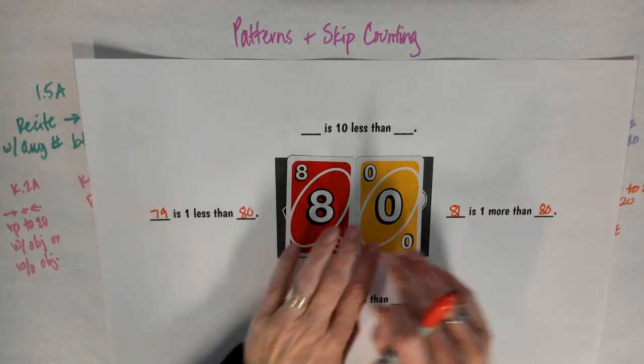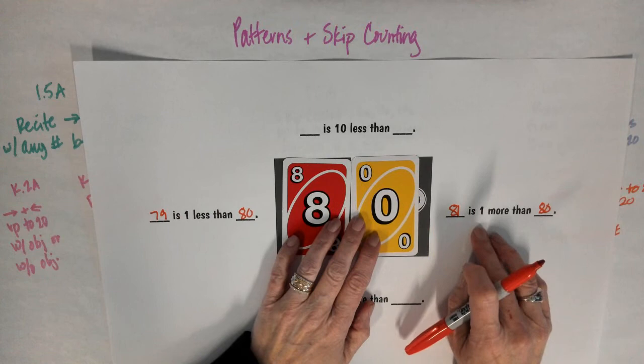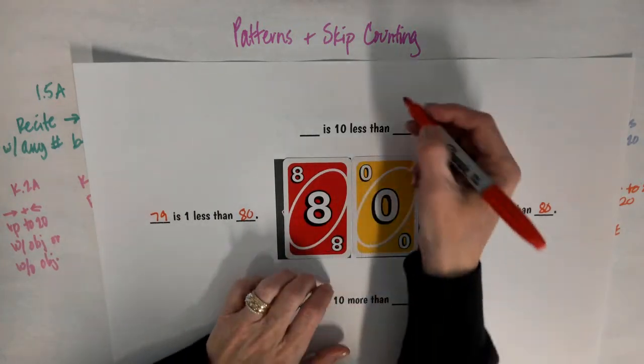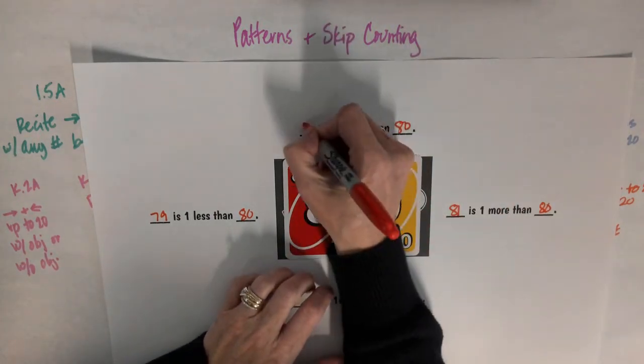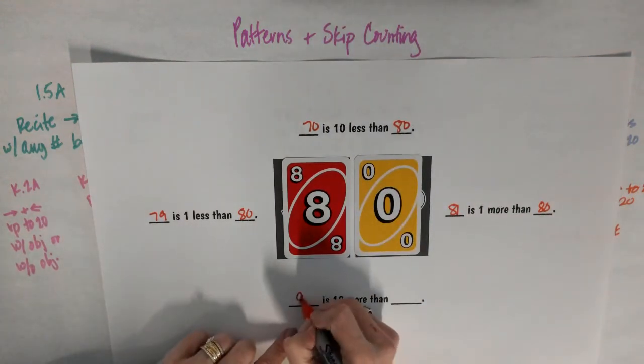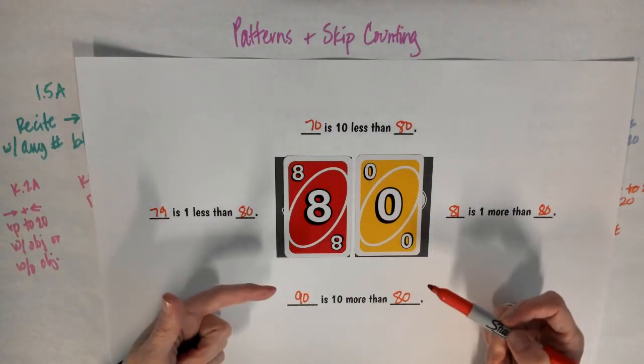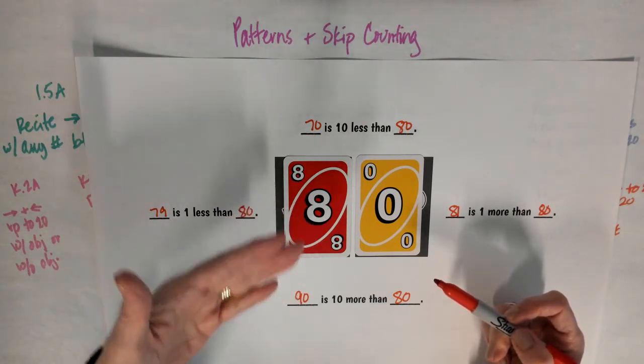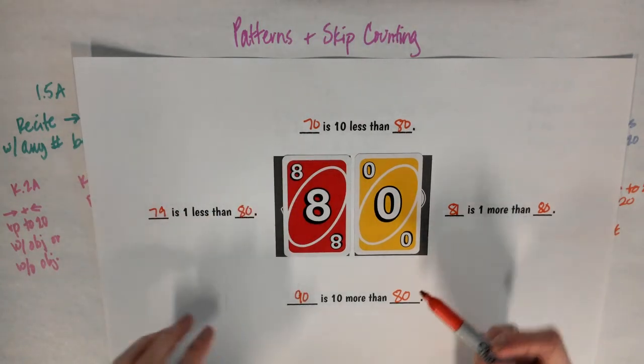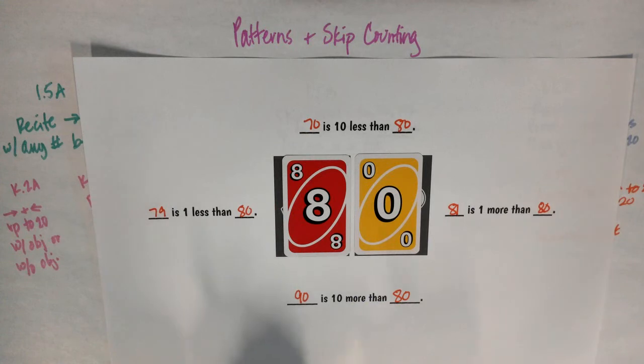That's right beside it. 1 more is 81. That's right beside it. What is 10 less than 80? Well, 70 is. 90 is 10 more than 80. And this correlates to the hundreds chart. As I move up and down a column, I'm counting by tens. So you see how all these standards fit together to be able to do that.